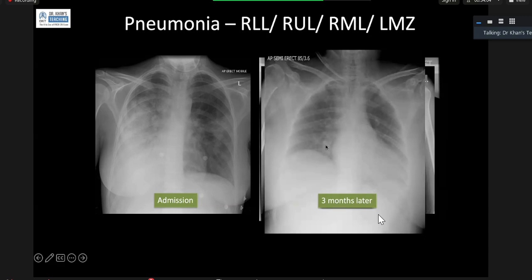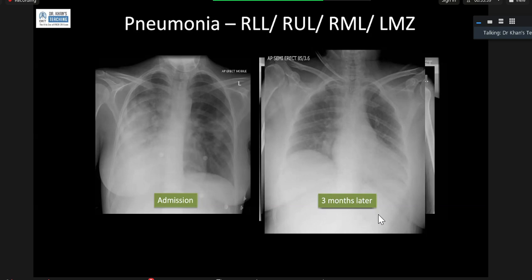Okay. So when you have a patch of consolidation, what we try to do is we treat and then we repeat the X-ray at around 6 to 8 weeks time to see if it has resolved. If it has resolved, we are happy. At that time, if it has not resolved, then you have to think again. Why has it not resolved? Was there any red flag signs? Are there any suspicious clinical features?